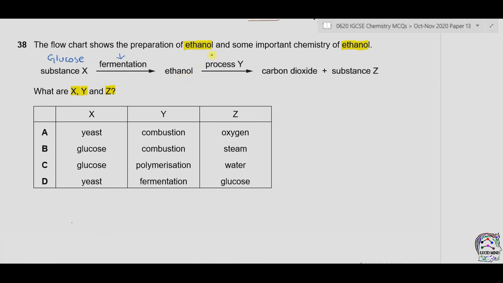In fuel, combustion of ethanol takes place and it forms carbon dioxide along with water vapors. So substance X is glucose, process Y is combustion, and substance Z formed is water in the form of steam. Correct answer is therefore B.